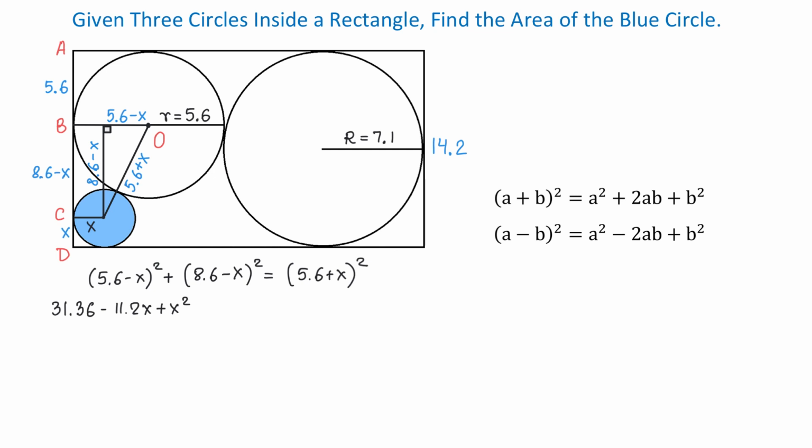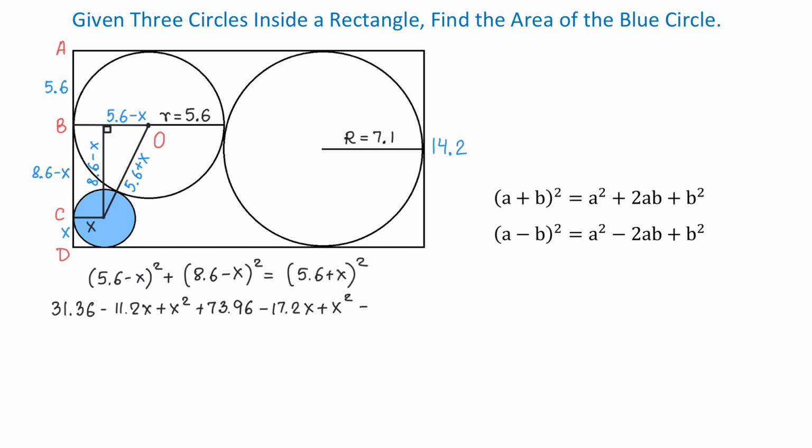Next, 8.6 squared is 73.96. Then 2 times 8.6 and times negative x is negative 17.2x. So minus 17.2x and plus x squared.